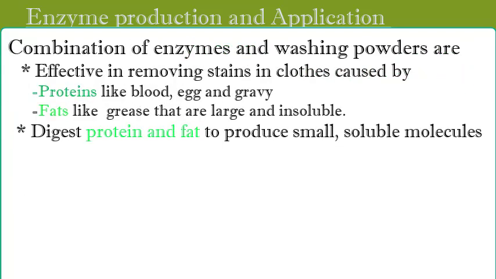When enzymes are combined with washing powders, they are effective in removing stains in clothes caused by proteins like blood, egg, and gravy, and fats, for example grease, that are large and insoluble. So these enzymes combined with washing powders digest protein and fat to produce small soluble molecules which can pass out of the clothes.